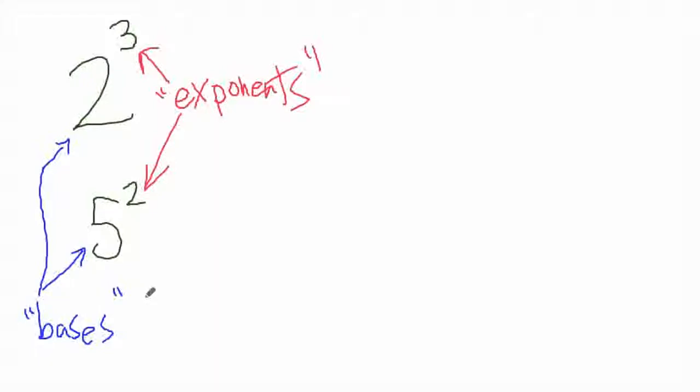What happened was, at some point in history, somebody got tired of writing out a lot of multiplication. So they said, instead of writing 2 times 2 times 2, whenever I have a lot of repetition like that, let's float a little number, and that represents how many of the base I'm multiplying together.